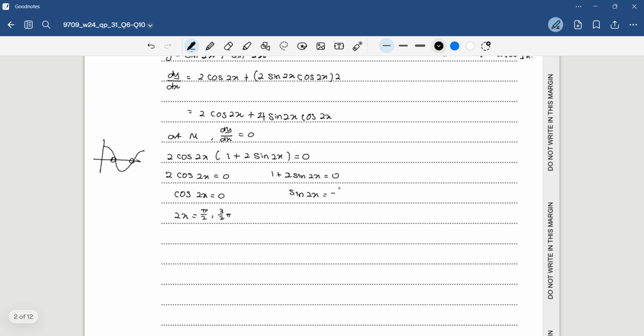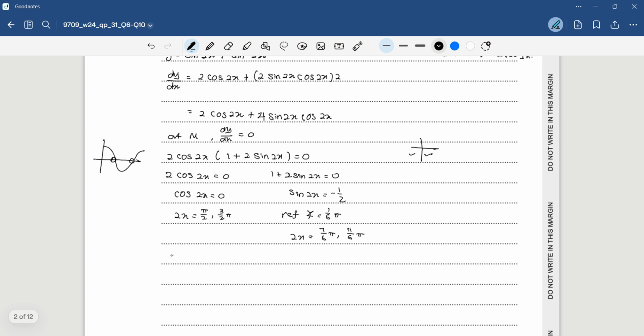So sine 2x equals negative half. I find my reference angle first, which is 1 over 6 pi. Since sine is negative, it gives me the third and fourth quadrants. So 2x will be pi plus 1 over 6 pi, which is 7 over 6 pi, and 2 pi minus 1 over 6 pi, which is 11 over 6 pi.